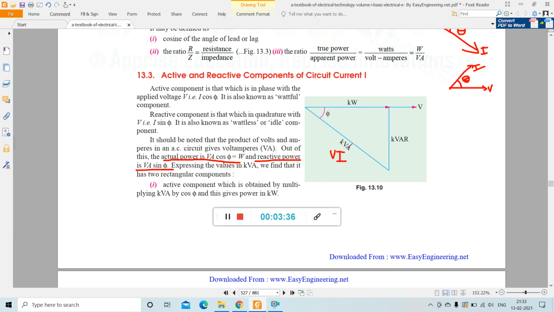This is the actual power, this is the reactive power, and this is the apparent power. This kVA has two rectangular components. One is the active component, which is obtained by multiplying kVA by cos phi, and this gives the power in kilowatt.